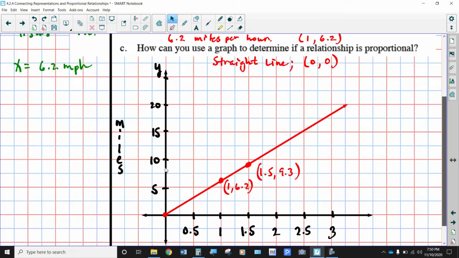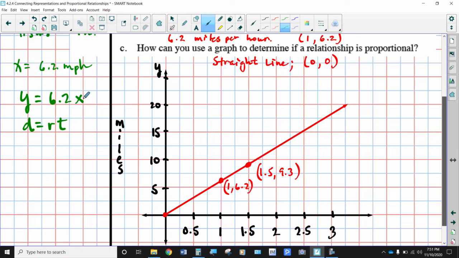Now I do want to test one point here and make sure that it works. Because if that is the constant of proportionality, that's the unit rate, then our equation would be 6.2 miles per hour times x. And actually, you know what I might do here? Now, remember the formula D equals RT? Have you seen that before? Because this is a proportional type of situation where the rate of speed is 6.2.